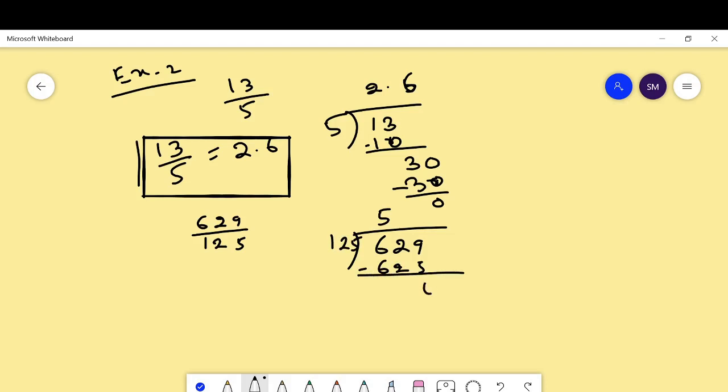Then we get 4. Then add 0. Put the decimal point. This cannot be divided by 125 because 40 is less than 125. Add another 0. Then here add another 0. Then 125 3s are 375. Then this is 25. Then add another 0.